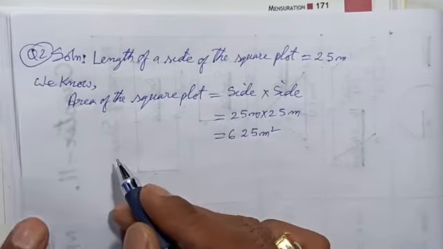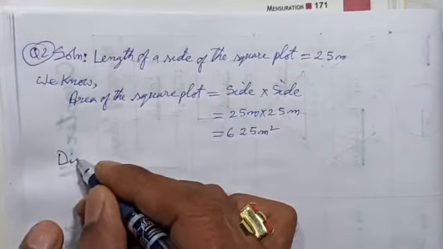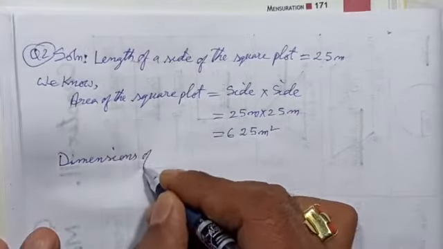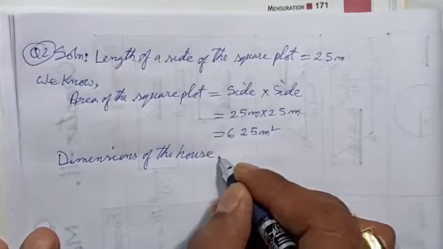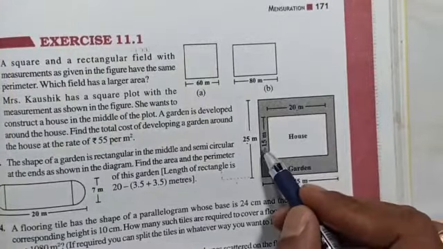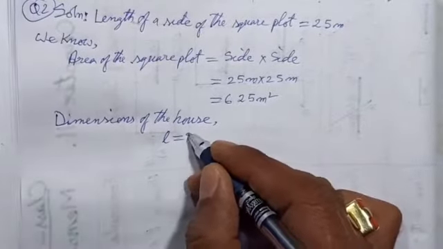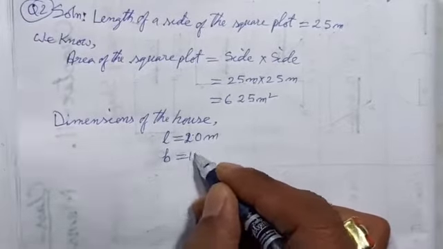Next, let's write the dimensions of the house. It is given that for the house, length is 20 meter and breadth is 15 meter.